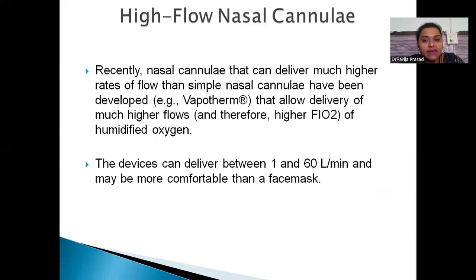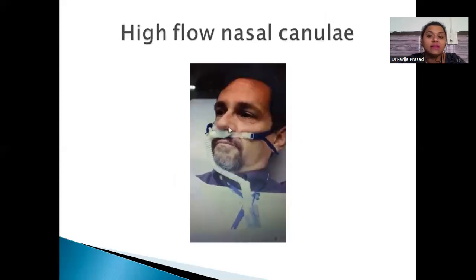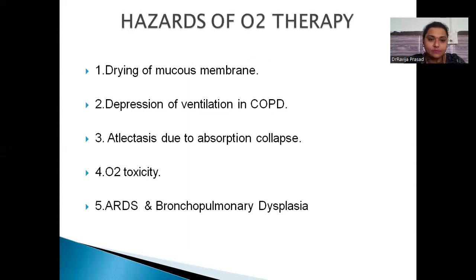Recently, nasal cannulas that can deliver a much higher rate of flow than simple nasal cannulas have been developed, for example Vapotherm, which allows delivery of high flow and therefore high FiO2 of humidified oxygen. The device can deliver between 1 to 60 liters per minute and may be more comfortable than a face mask. This is the high flow nasal cannula, as you can see.